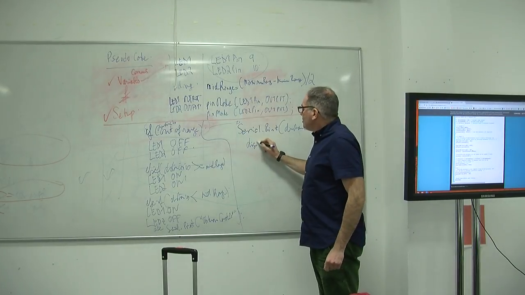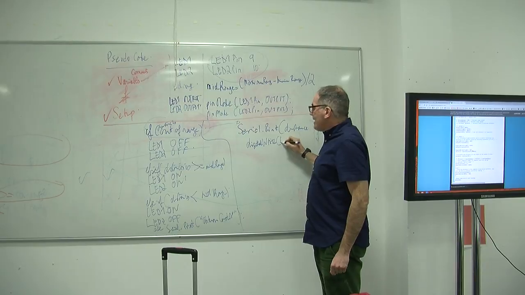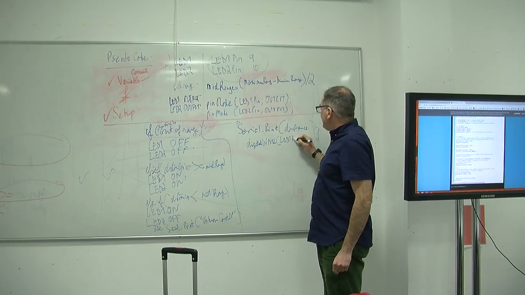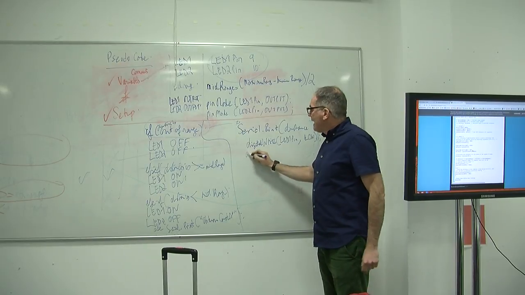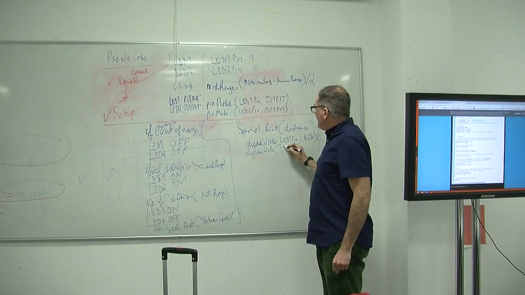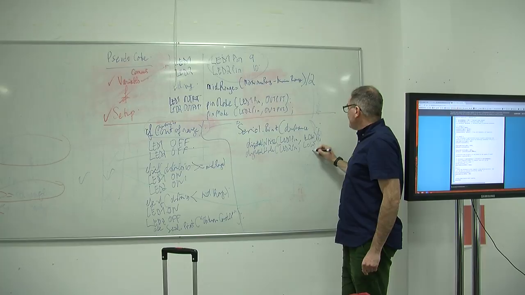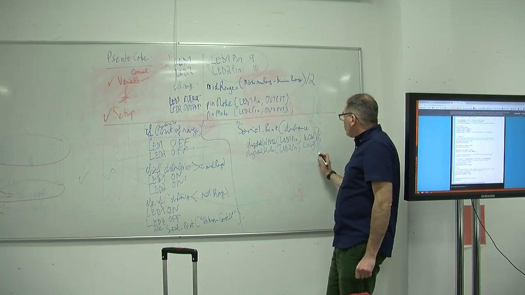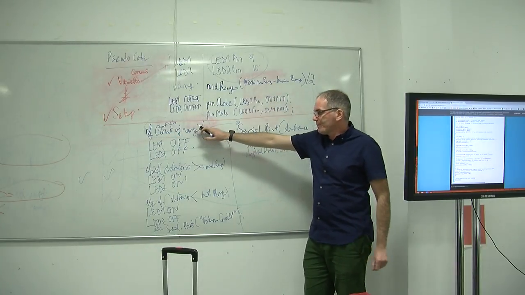We write digital write, and then LED 1 pin, and we have low because we want it off, and we write the same thing again, and this time it's for LED 2 pin, and it's low because again we want it off. So here we finished the first condition.